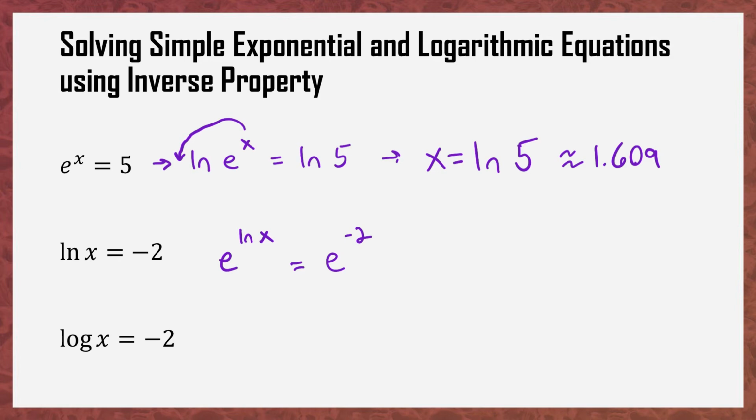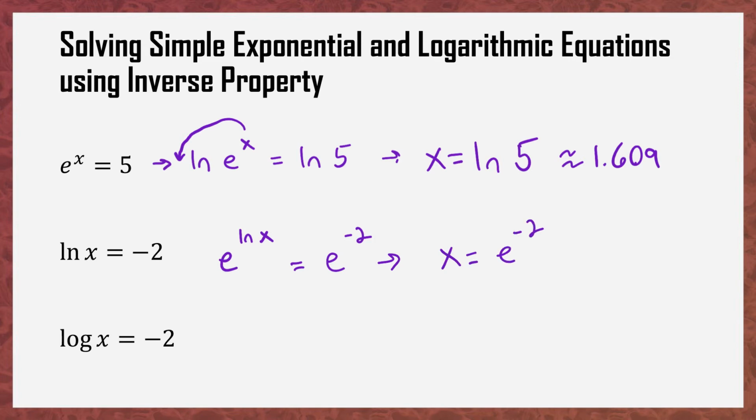Now, over here we have e to the ln, and those are inverse functions, so they will eliminate each other. We do have the x, which we'll rewrite down in front here. So this rewrites into x equals e to the negative 2.